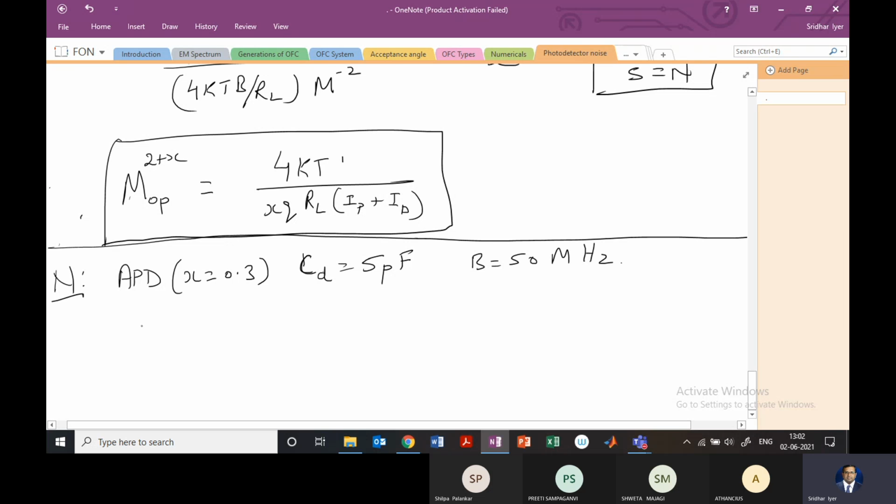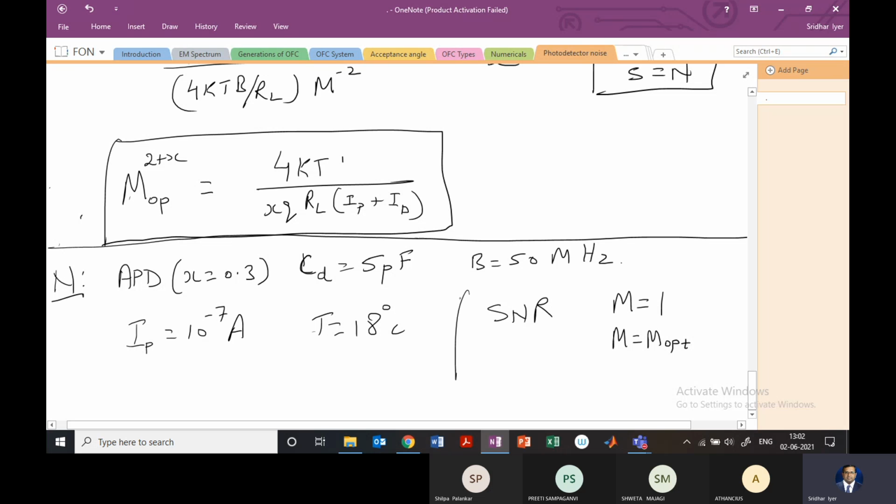When the photocurrent before the gain is 10 raised to negative 7 ampere, temperature is 18 degrees centigrade, determine the maximum SNR for m equal to 1 and m equal to m optimal, assuming all the conditions are maintained, right?